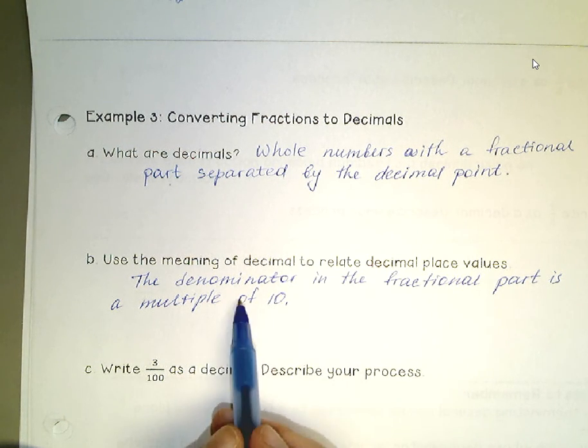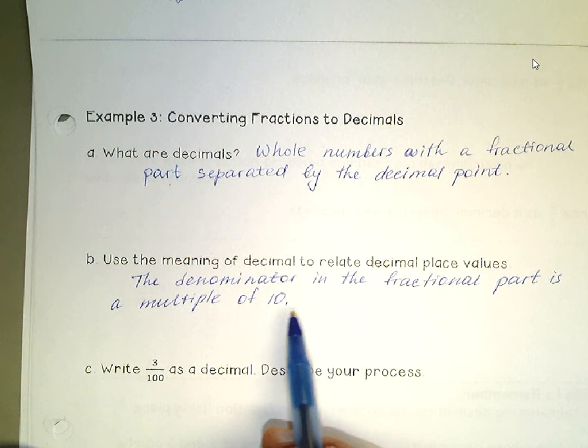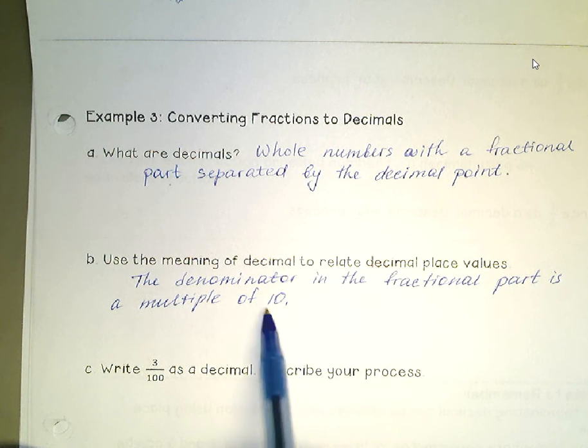So if I have tens or hundreds or thousands or 10,000s, it's all multiplied by 10 all the time, right? So multiples of 10.